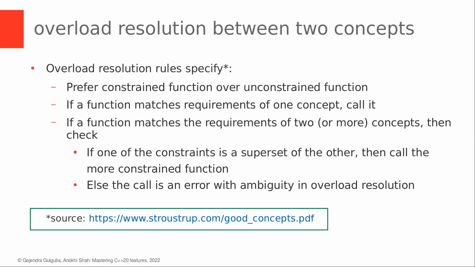Alright, let's get back to our problem with the overload resolution for our add1 function. The reason for the overload resolution failure in our case is that the requirements within the concepts are not evaluated the way we expect them to.